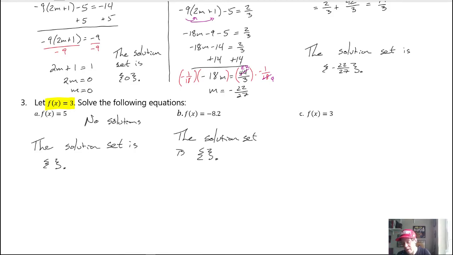Finally, we look at the equation f of x equals 3, and here we know that that's the definition of the function. No matter what x is, the output will always be 3. So for this equation, every input is a solution. Every x value will get us an output of 3. So all numbers are solutions to this.